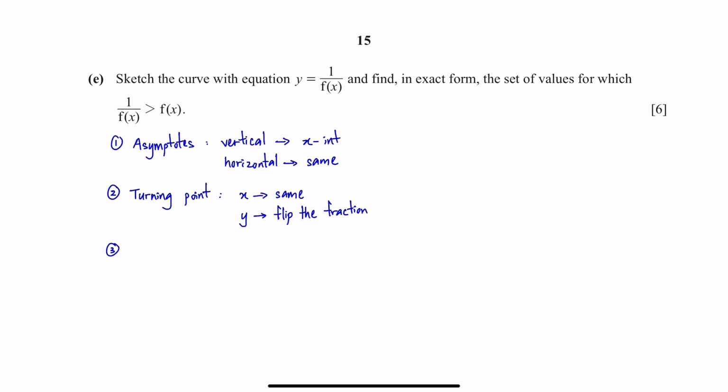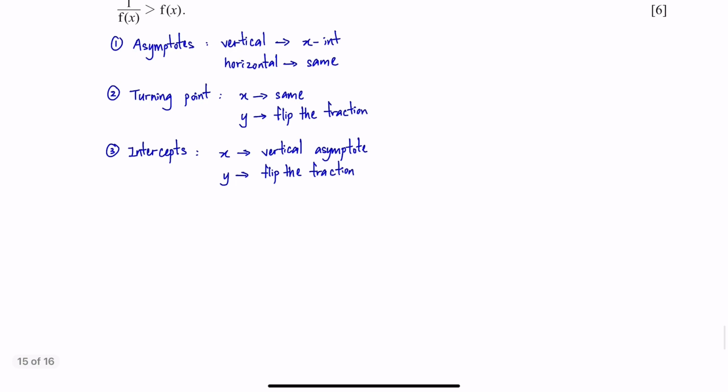Thirdly, the intercepts. The x-intercept of the f(x) graph is now the vertical asymptote of the 1 over f(x) graph. And for the y-intercepts, we just flip the fraction, and it would be the y-intercept of the new graph. Number 4, the limits.